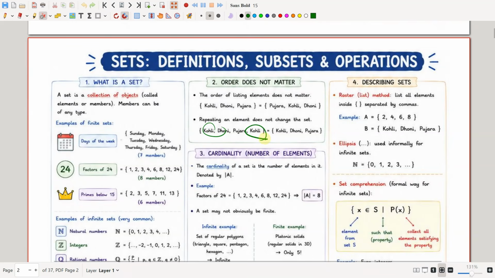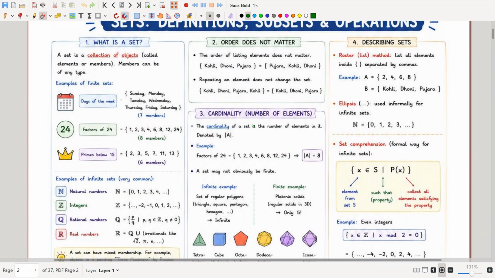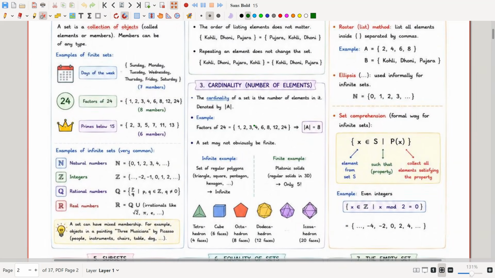But while we are performing set operations, we will take only the unique values inside the set. So one of the Kohli will be rejected, and the set from which we remove the duplicate value will be used to perform further operations.